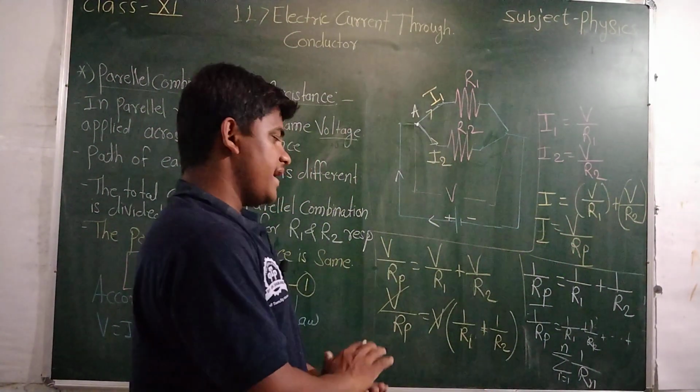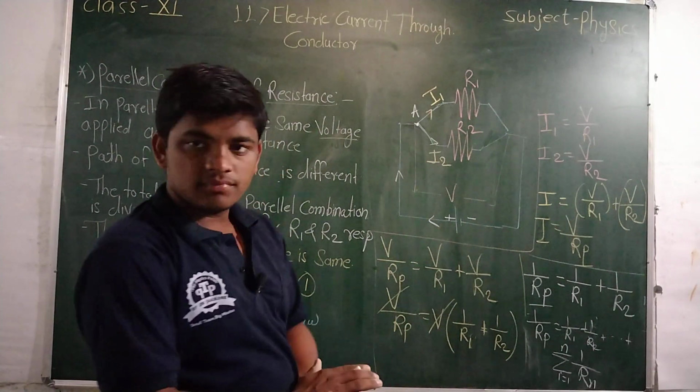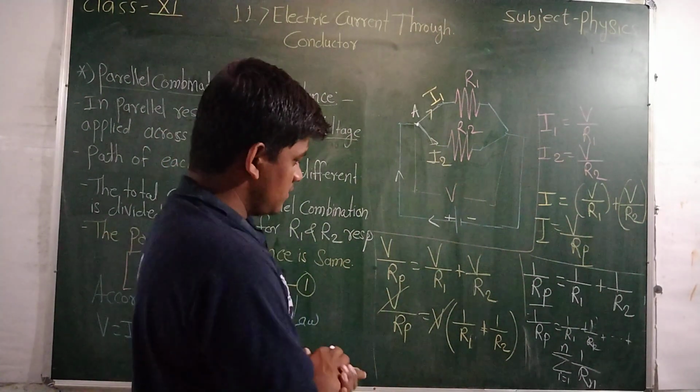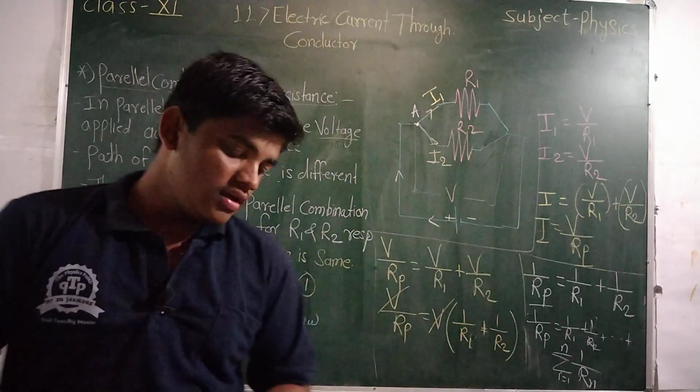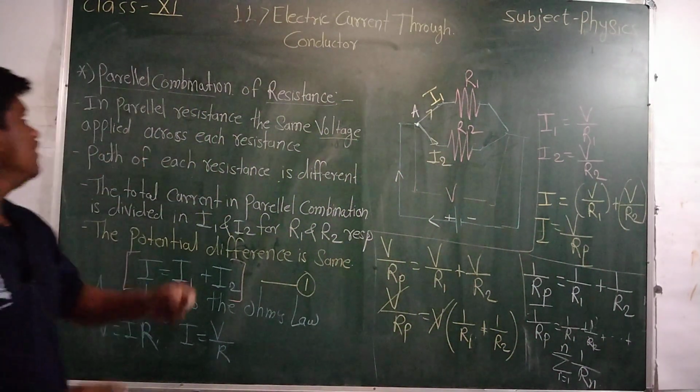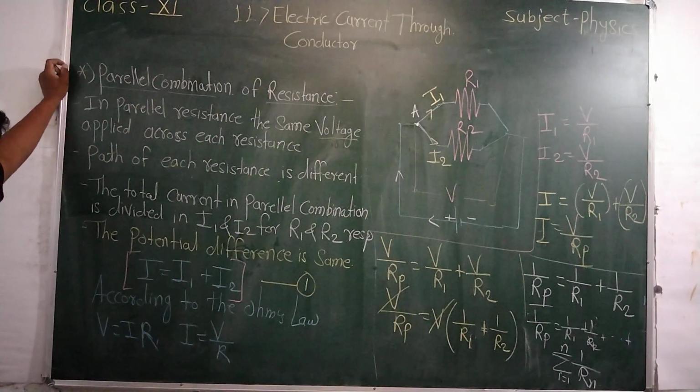This is the equation to find the equivalent resistance when the resistances are connected in a parallel combination.